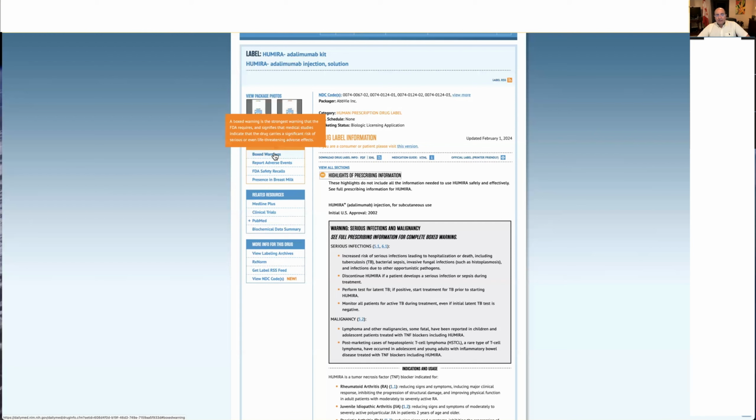This is the strongest warning that FDA requires. So we write here for this drug, which is Humira, it's associated with an increased risk of serious infections leading to hospitalization or death, and including several symptoms and signs. So here we understand that this is the decision of the healthcare provider and mainly the patient to talk about this drug, prescribe the drug, and of course to use this drug, knowing about the risk-benefit ratio of this drug.